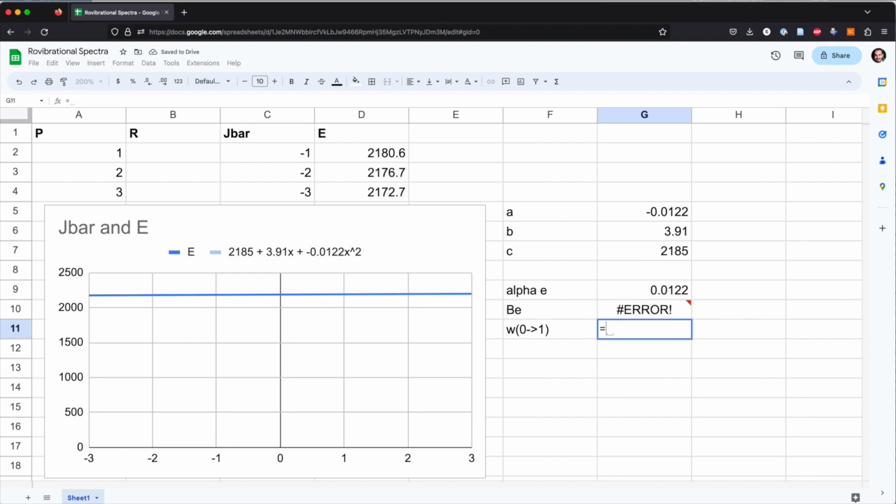And then this is just equal to the C coefficient. Great, and so now we have alpha E, we have BE, and we have omega 0 to 1.